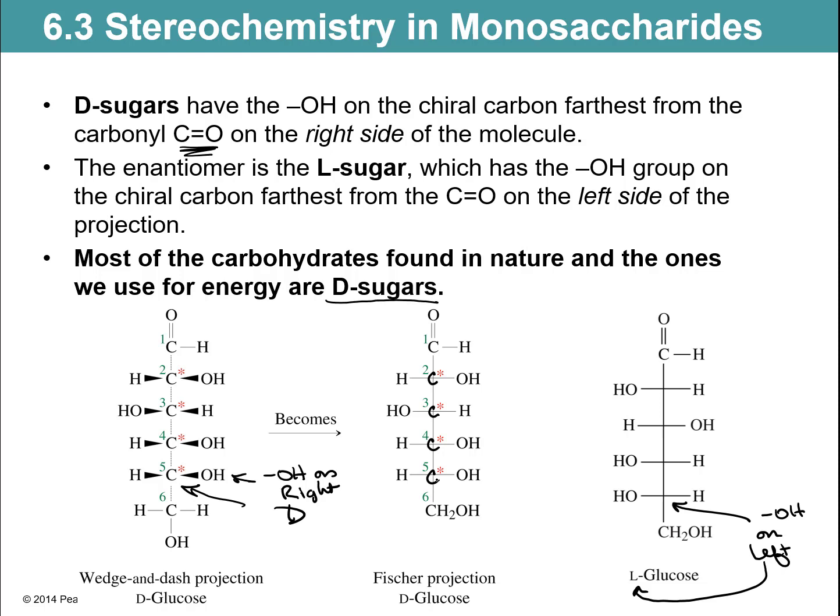I've actually seen it drawn like this: double bond O, and then this, and then this, and this. That's it. Or there's going to be an OH on the end.